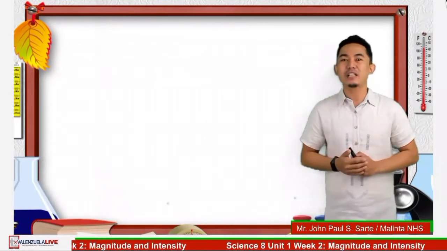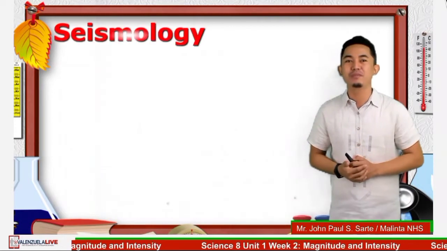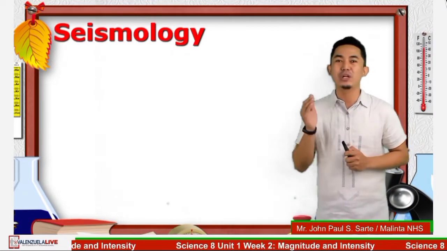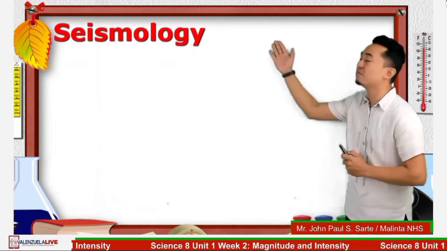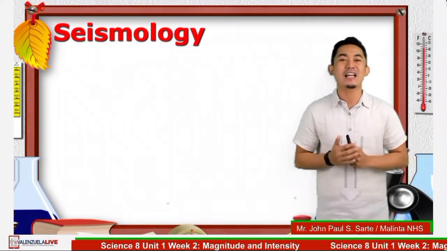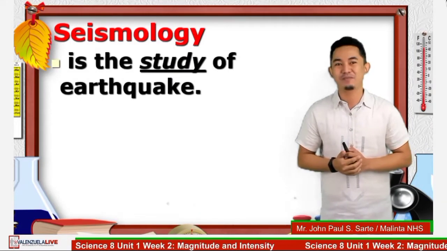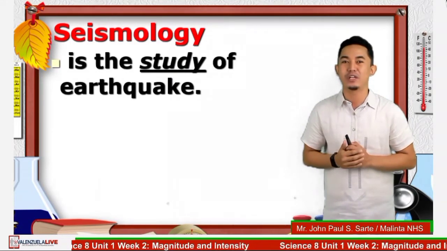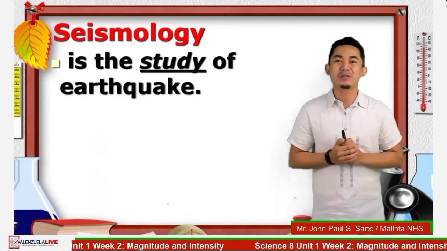Now, in our topic, which is magnitude and intensity, we need to learn about the word seismology. When we say seismology, class, it is the study of earthquakes. Do not forget this. It is the study of earthquakes. Yes, you heard it right.